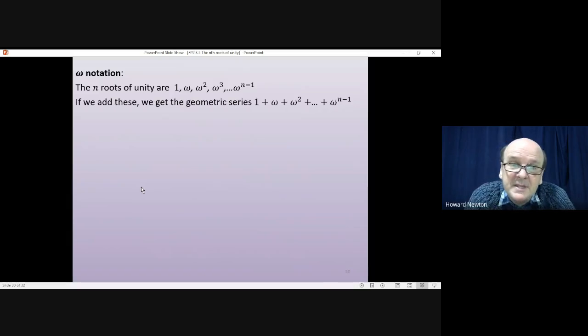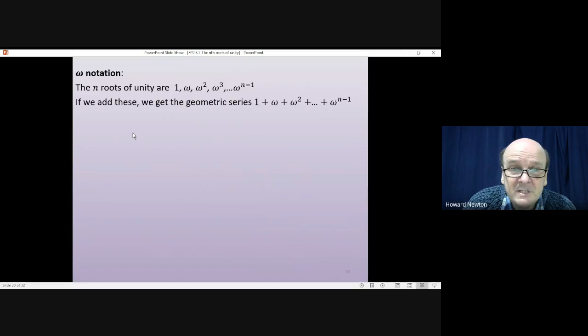If we add these roots together, so if you add all of the n roots of unity together, what you get is a geometric series. You get 1 plus omega, plus omega squared, plus omega cubed, up to plus omega to the power of n minus 1.